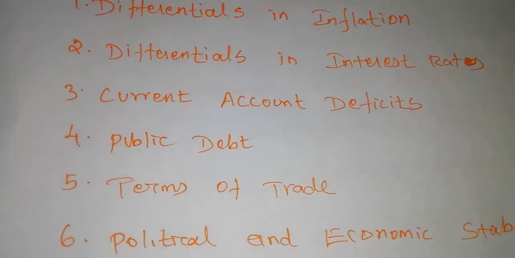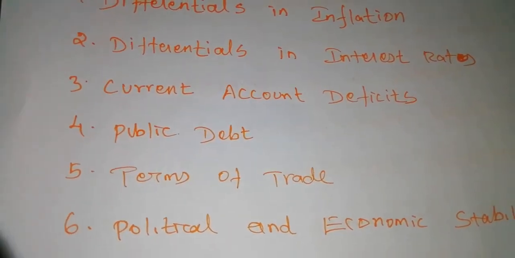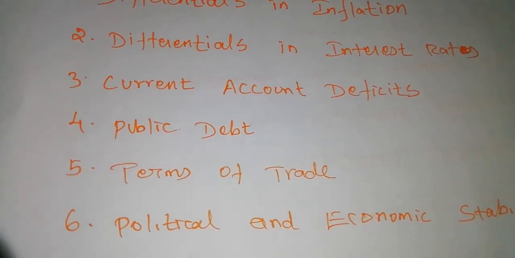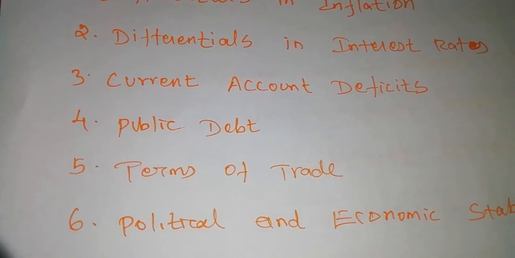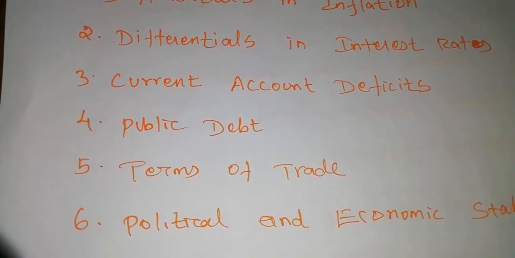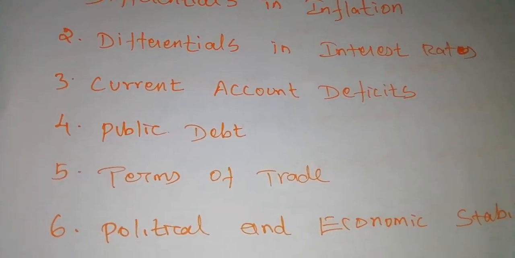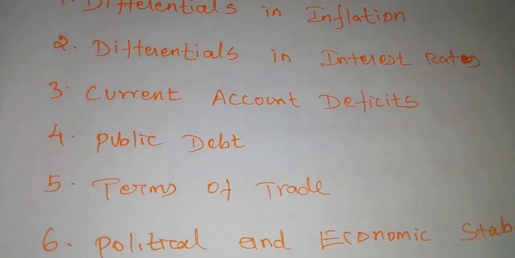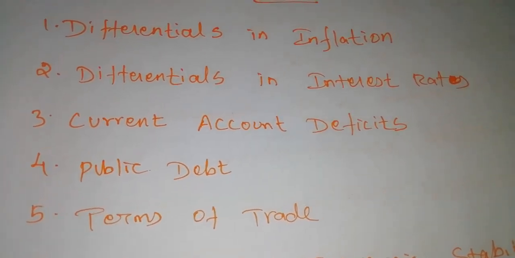Next, the current account deficit. A deficit in the current account implies an excess of payments over receipts. So when we have a current account deficit, we have to pay more money, because we have less ability to export than to import.